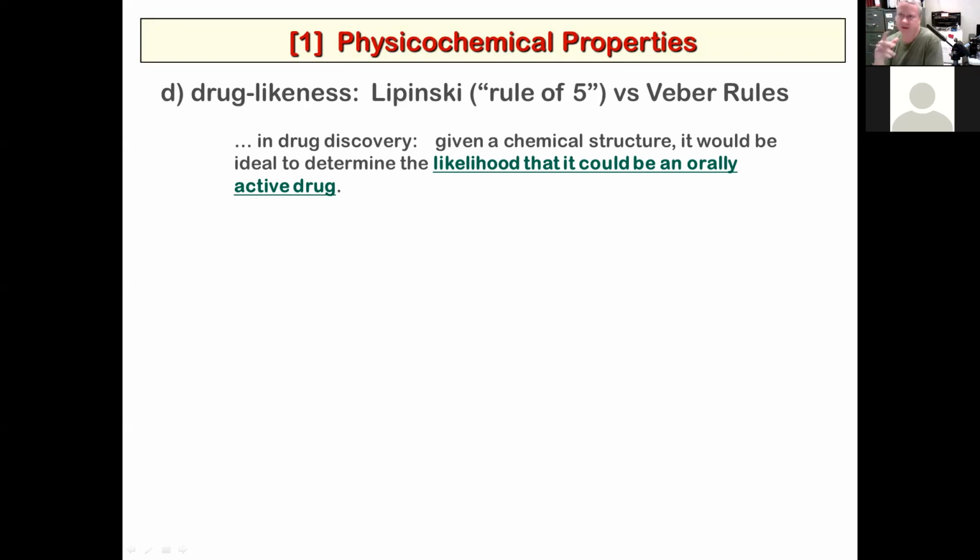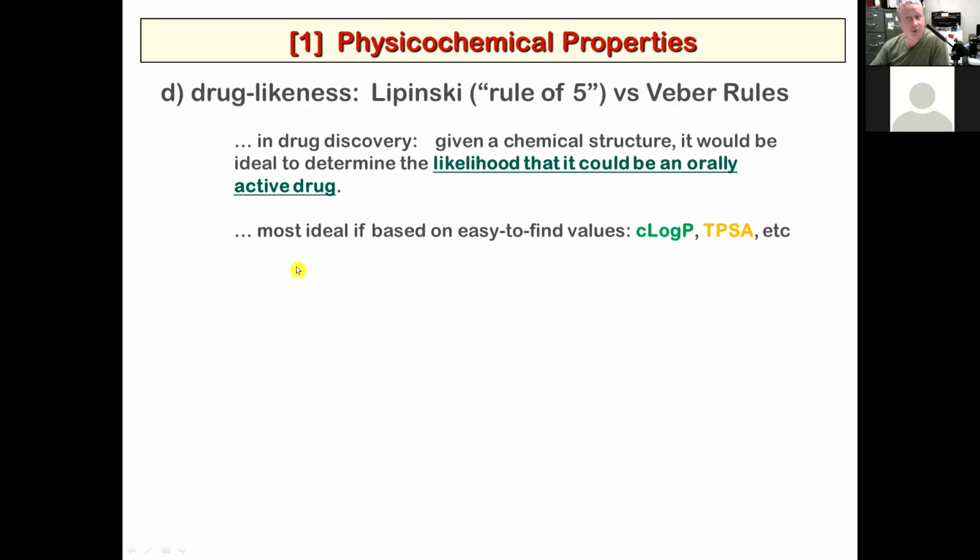So yeah, it'd be nice to figure out oral drug availability early in the drug screening process and try to change any problems with the drug structure earlier rather than later. And there's a couple of ways to do it. One's the Lipinski method, and the other's the Weber method.